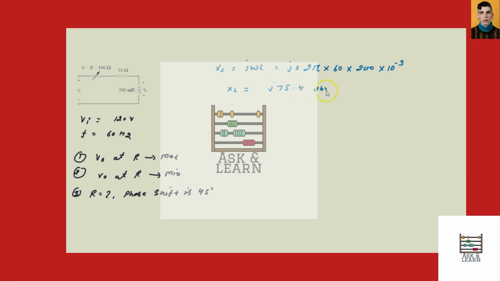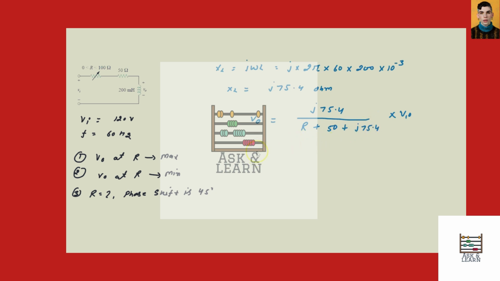So XL equals j 75.4 ohm. Now we have to find the output voltage V0 by applying the simple voltage division rule across these elements. So V output equals j 75.4 upon the total impedance, which is R plus 50 plus j 75.4, multiplied by V input.